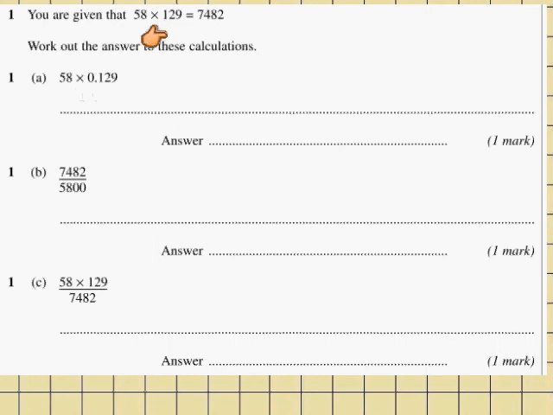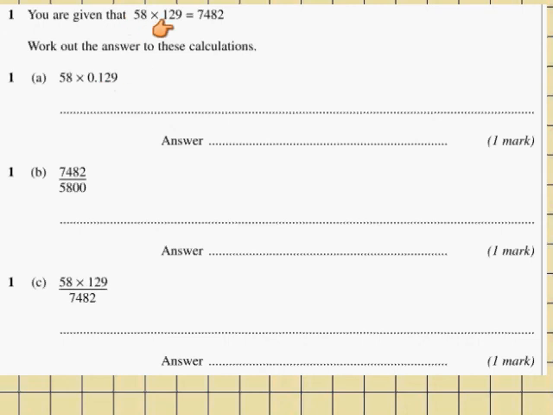Or to put this simpler, 58 times 0.129, you've got one number being multiplied by another. In total, they have three numbers to the right of the decimal point, so our answer will need to have three numbers to the right of the decimal point also.